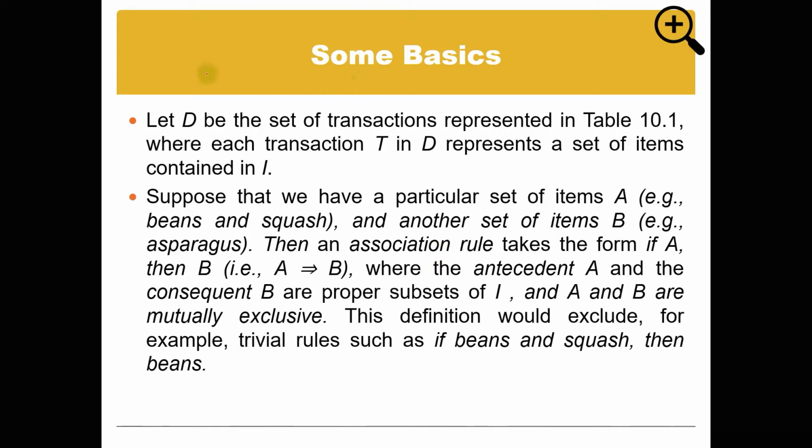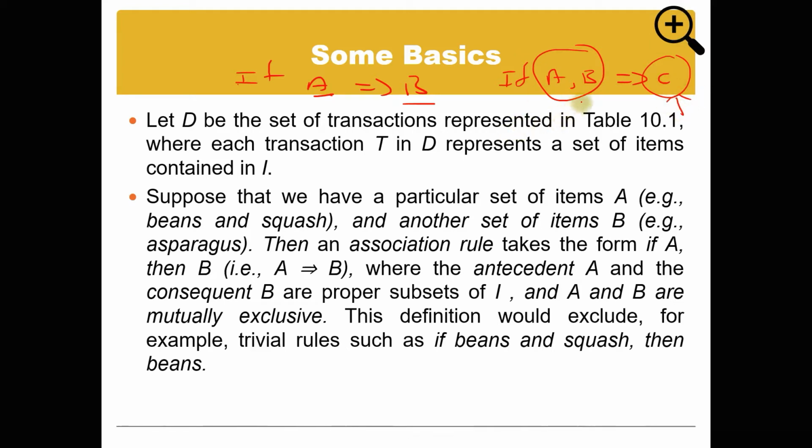If I say, if I buy A, then buy B, that's an antecedent and a consequent. But there are cases where you don't have one antecedent rules, but you have two antecedent rules, like if I buy A and B, then buy C. That's another type of rule that may exist. You also have what we call two antecedent rules. But in any case, you have an antecedent and you have a consequent.